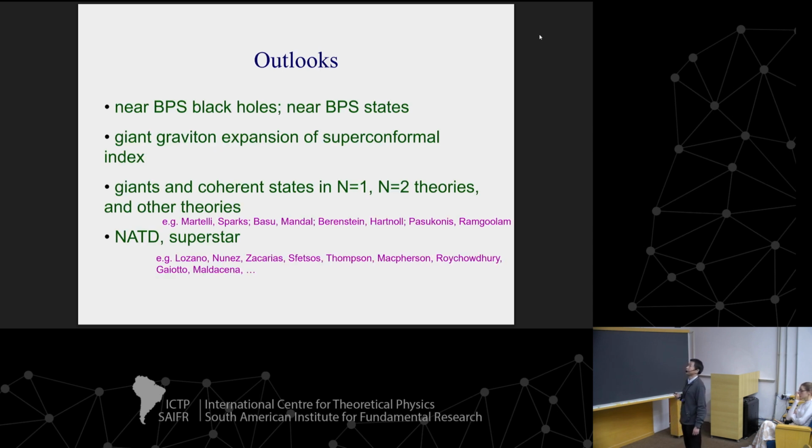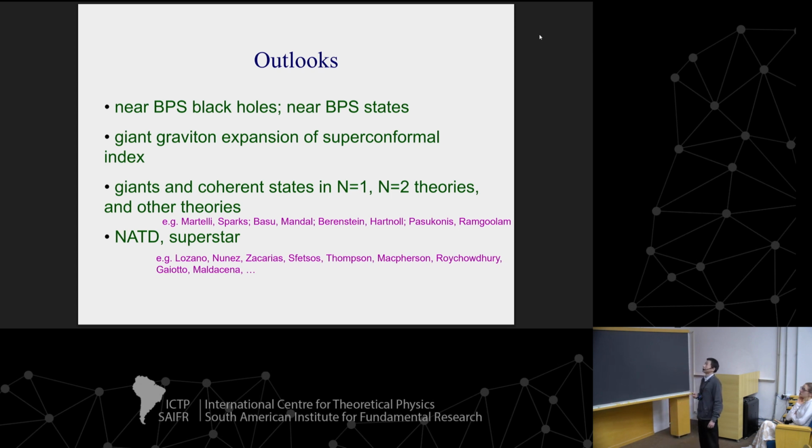Let me briefly mention some interesting outlooks. One outlook is the near BPS states. And they also include near BPS black holes. And therefore, we need techniques to analyze these states.